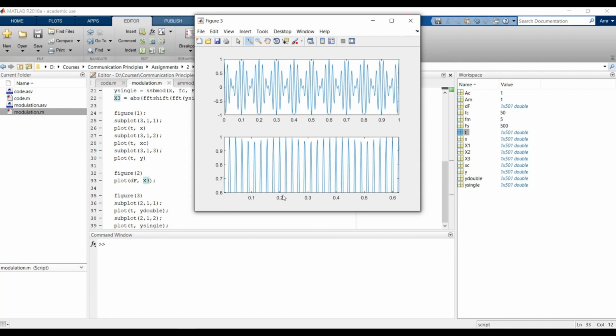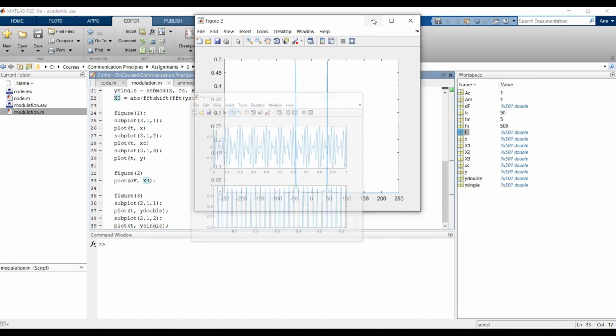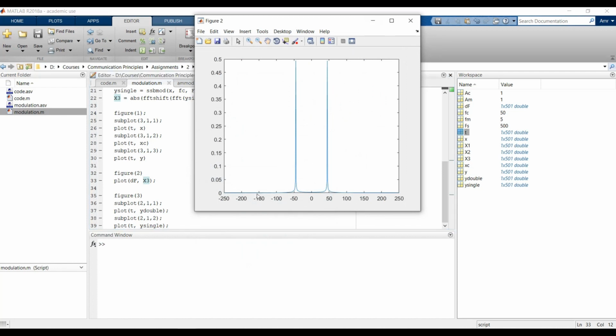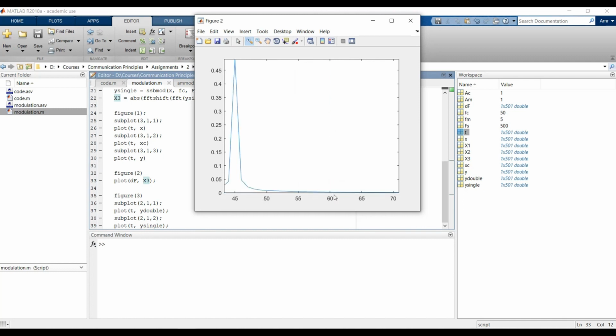Remember that the modulation index is only there when we have a carrier, but in this way we have to maintain a specific range of AM in order to get a better result in terms of more percentage of modulation. And as you can see here, this is the single sideband. This is the lower sideband because it exists at 45, and it's at 0.5, meaning that the amplitude is indeed Em over 2.